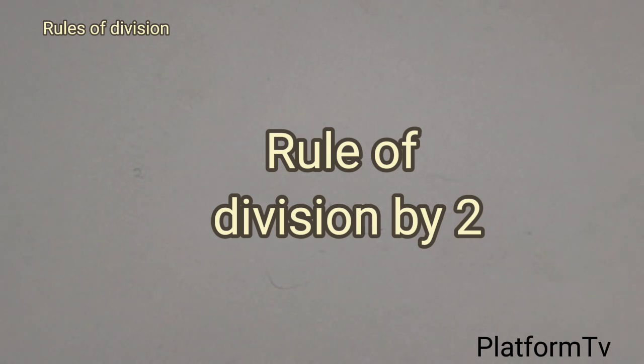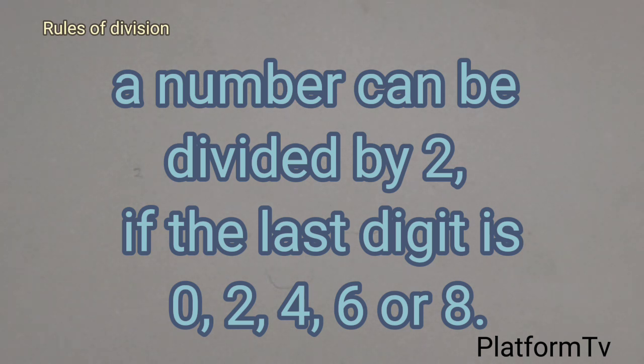Here's a simple rule to check if something is divisible by 2. A number can be divided by 2 if its last digit is 0, 2, 4, 6, or 8.